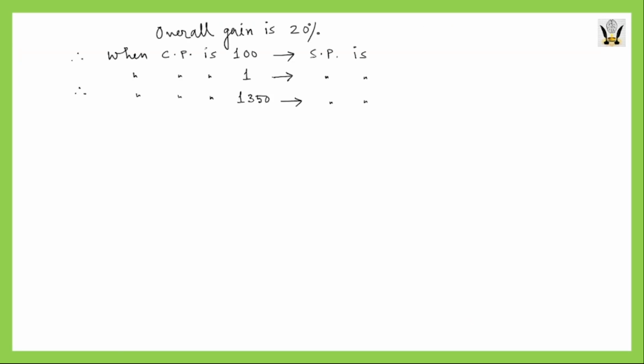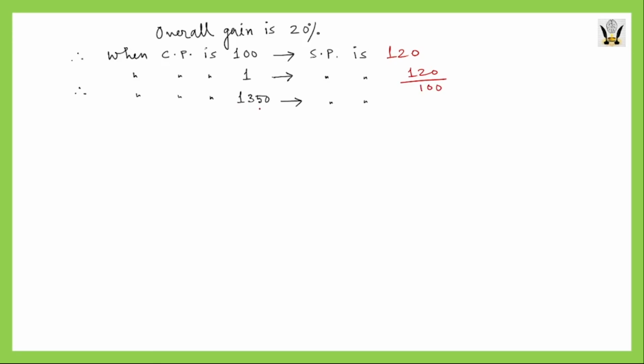Now, on the overall transaction the gain is 20%. When the cost price is 100, the selling price will be 20 more than 100, so it will be 120 rupees. When the cost price is 1, the selling price will be 120 divided by 100, and the total cost price of the three items is 1350, since each was 450.